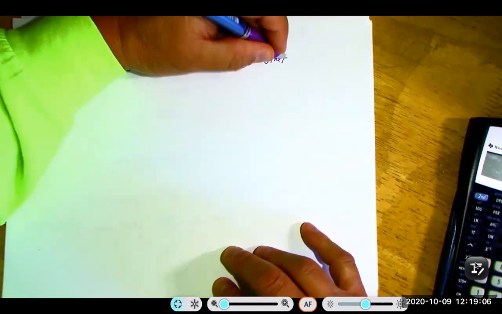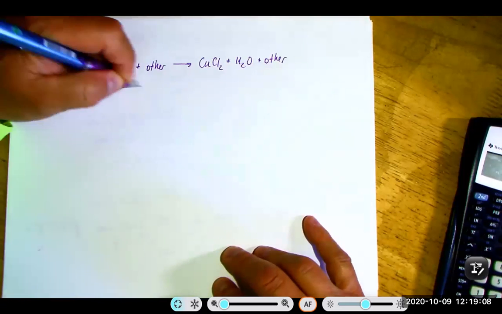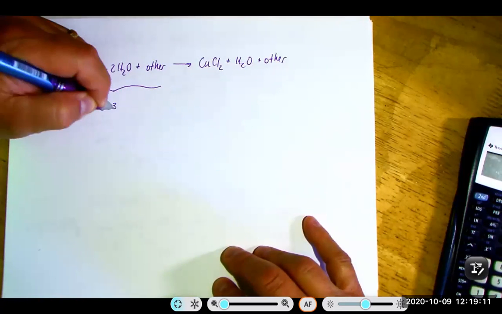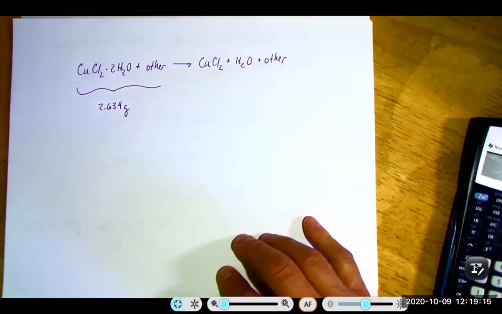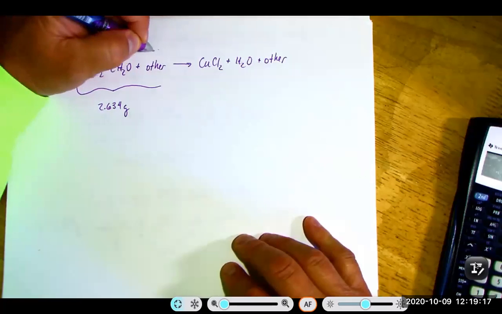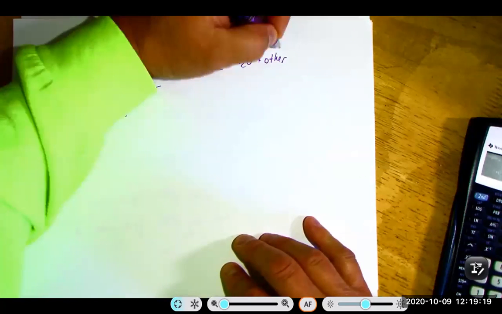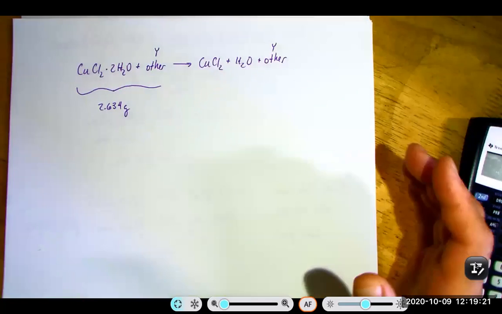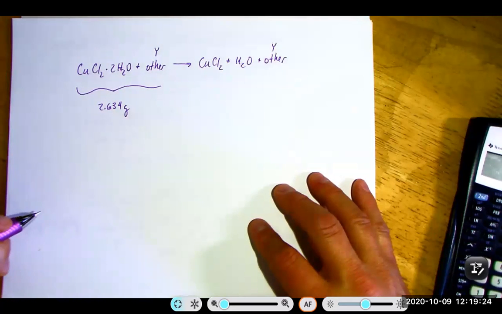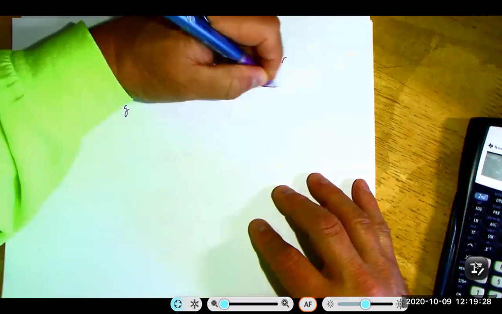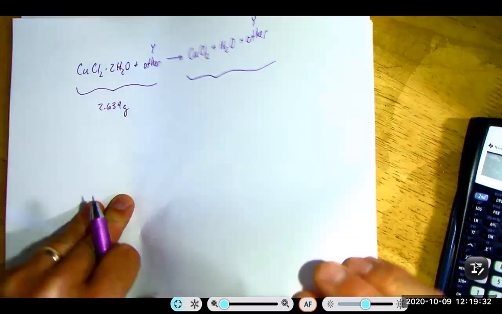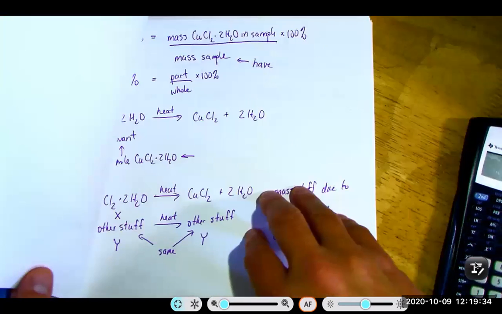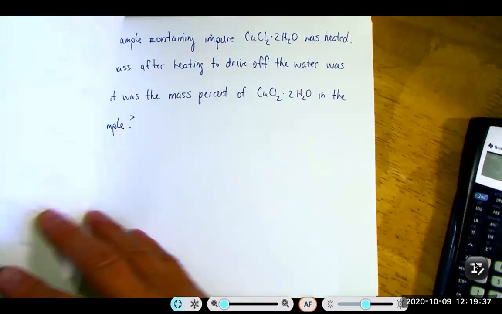This weighs 2.634 grams. And here, whatever this weighs, we'll call that Y, and Y, it's the same on each side. And here, this weighs, according to our problem, 2.125 grams.